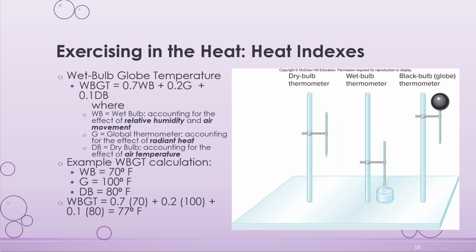Both the WBGT and the heat index are valuable tools for athletes, coaches, and event organizers to gauge the potential heat stress during exercise or outdoor activities. They help in determining appropriate precautions, such as modifying activity levels, providing ample hydration and rest breaks, and ensuring access to shade and cooling areas to minimize the risk of heat-related illnesses like heat exhaustion and heat stroke.